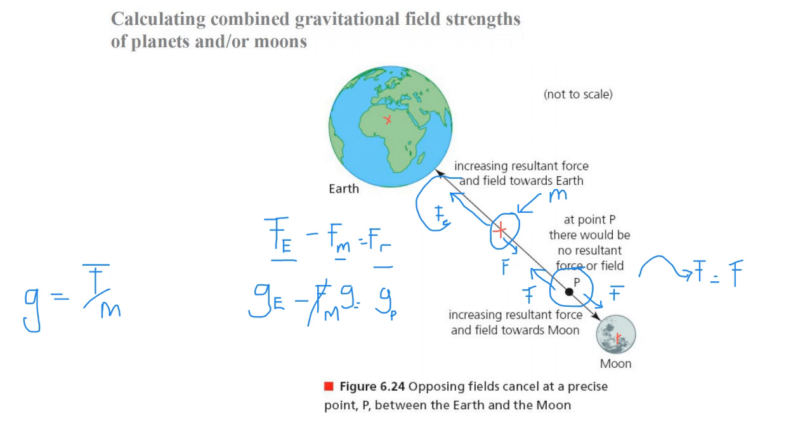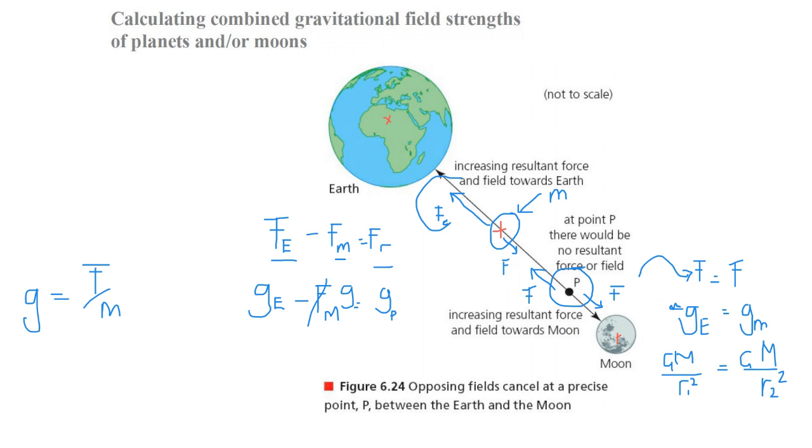Same here, because the two forces are equal, the gravitational field strength is also equal. So the gravitational field strength of the Earth equals the gravitational field strength of the Moon on P. So therefore now you can build your equations. GM over R1 squared equals GM over R2 squared.